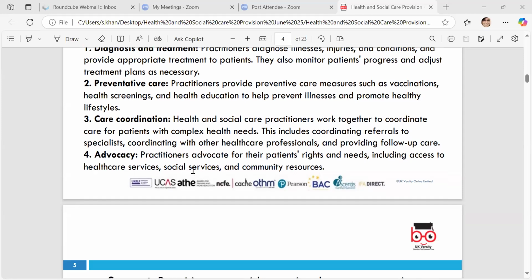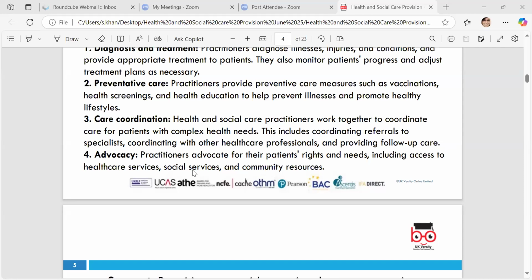So if you've got a pain in your back, it might be a referral to the back clinic, or if you've got anything wrong with your skin, for example dermatology, they'll refer you to a dermatologist for the skin care. They'll put plans in place and care coordination.